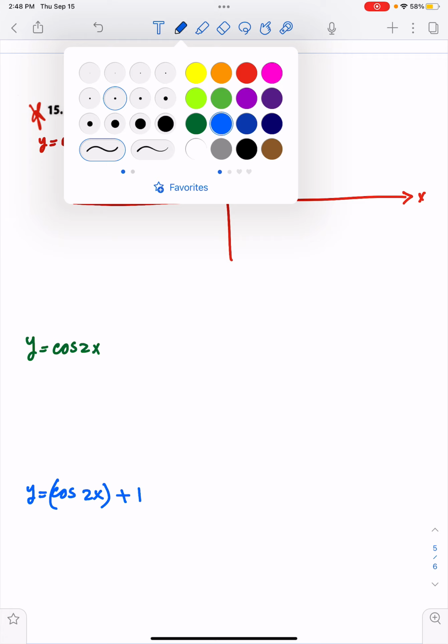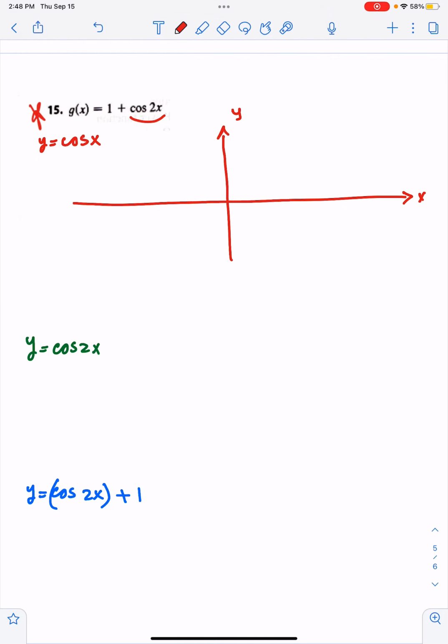Okay, let's start with the cosine of x. Let's say from -2 pi to 2 pi, and the increments of cosine x to be pi over 2, pi, and then 3 pi over 2 right here, and same thing with the negatives.